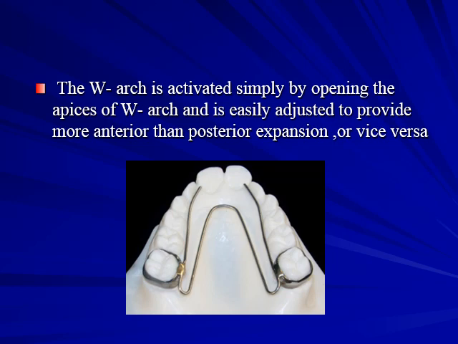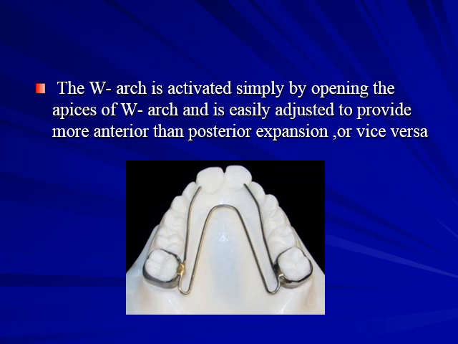When we want posterior expansion, we open the inner U shape of the W arch at the molar bands. We open it in a buccal direction, outward, to produce posterior expansion.